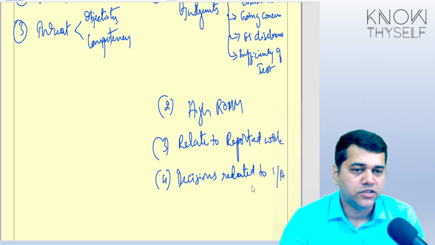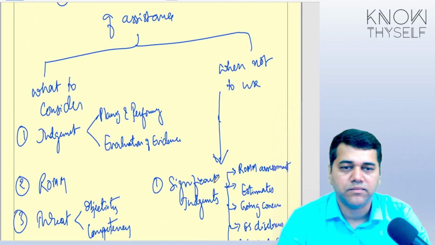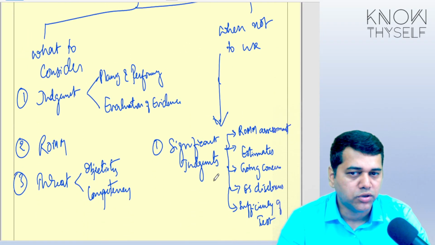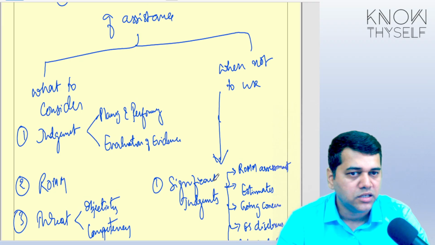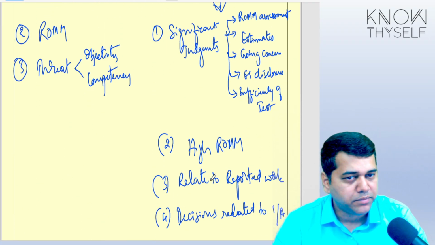So whatever decisions you make related to internal audit function, you should not use them. So this is the key. So when you talk about determining nature and extent, what to consider, these are the three factors to consider. When not to use, when you have got significant judgments, where 5 examples they are given.